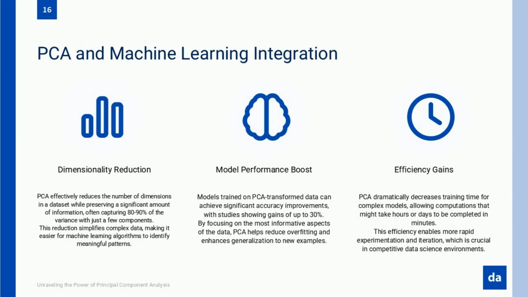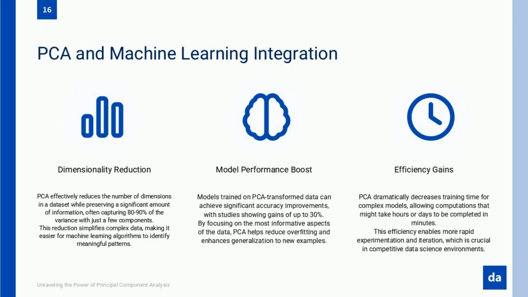By injecting PCA into your workflow before model training, you're essentially providing your algorithms with a distilled version of the data where the signal has been separated from the noise. This integration is particularly valuable with algorithms sensitive to correlated features.